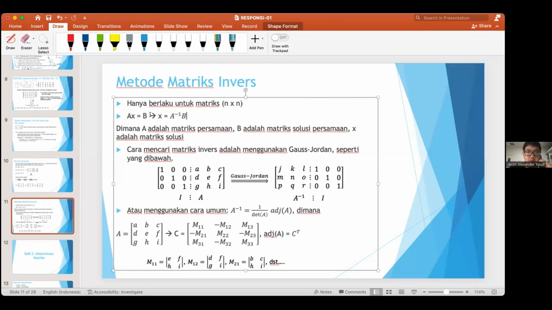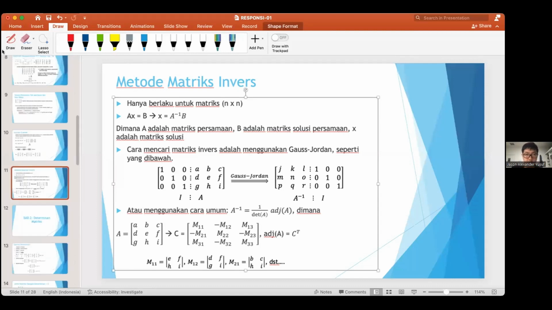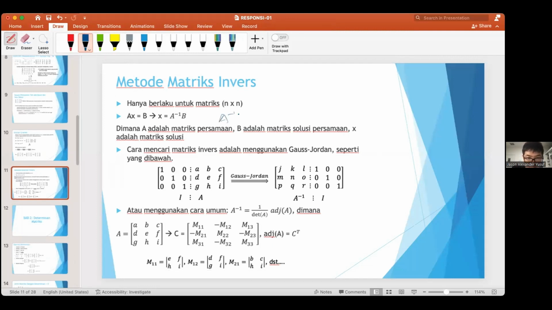And also, please note that A inverse B is not the same as B times A inverse.